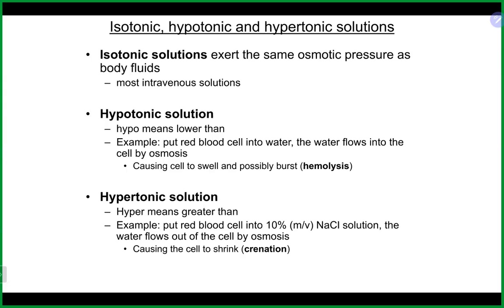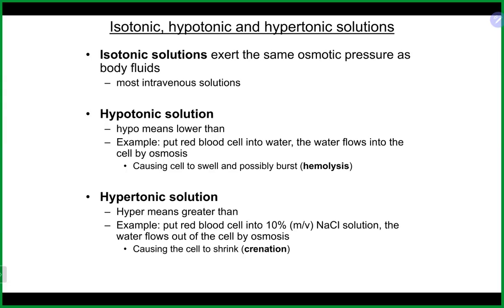So, for example, there are 3 different types of solutions: isotonic solution, hypotonic solution, and hypertonic solution. We'll start with isotonic solutions. Isotonic solutions exert the same osmotic pressure as body fluids. That's why most IVs are isotonic.